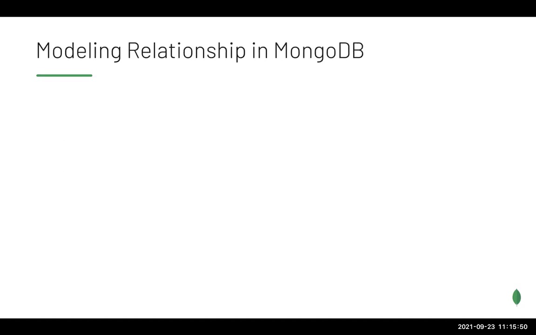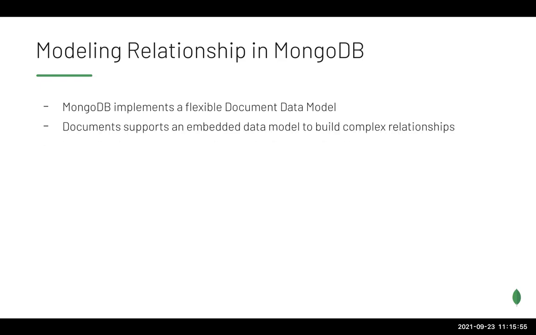So when it comes to modeling relationships in MongoDB, we have a couple of key things to consider. We've asked ourselves the questions, and now we're dealing with that second question, the big question about what the relationships in MongoDB look like. As I mentioned earlier in this presentation, MongoDB implements a flexible document data model, which allows you to store data in any way that you want.